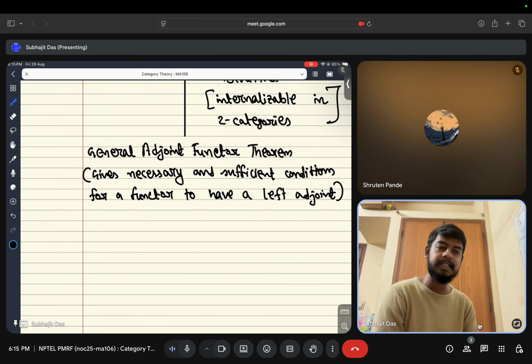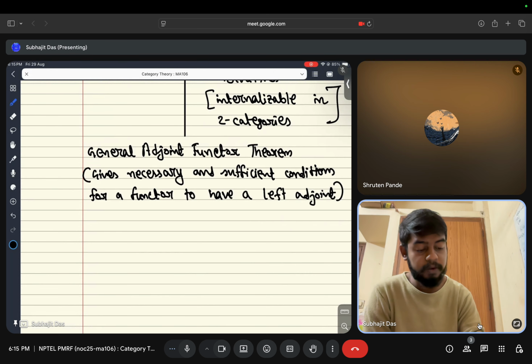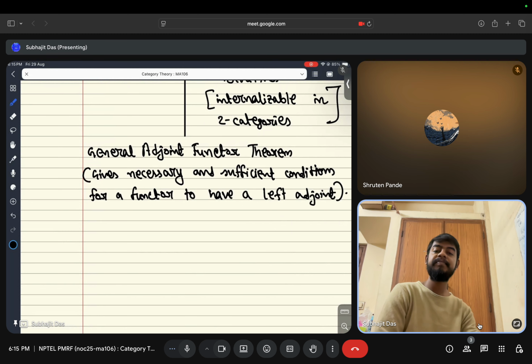So if this solution set condition is satisfied, then your functor will have a left adjoint, let's say. We won't mention the theorem once again, but it's a really powerful theorem, entirely based on simple ideas.